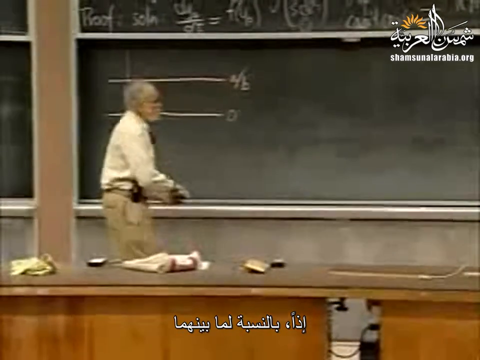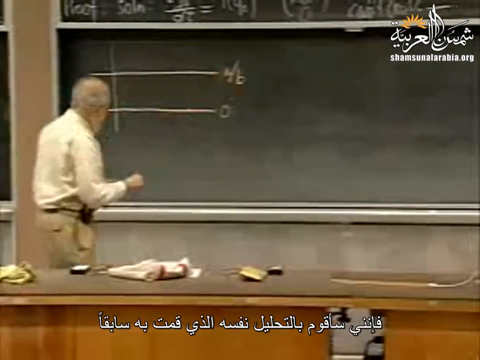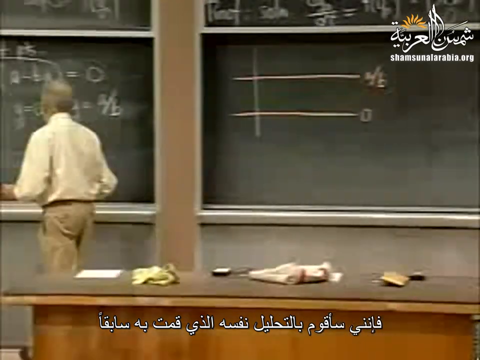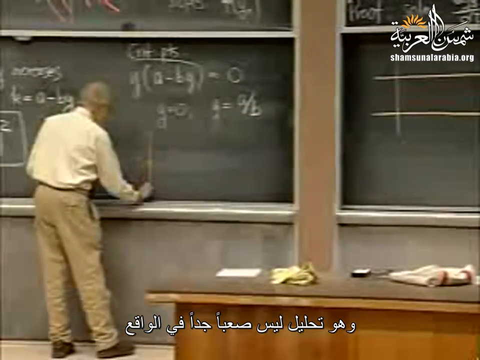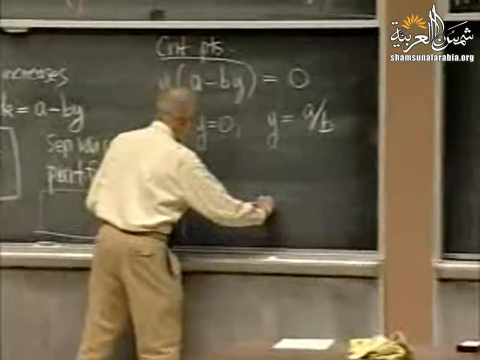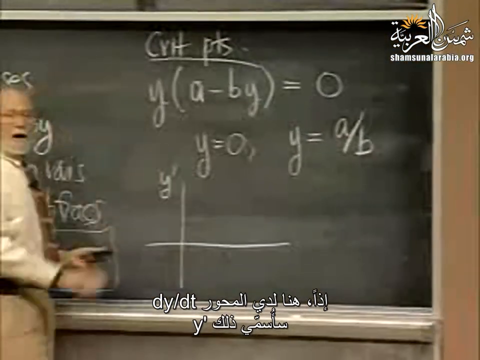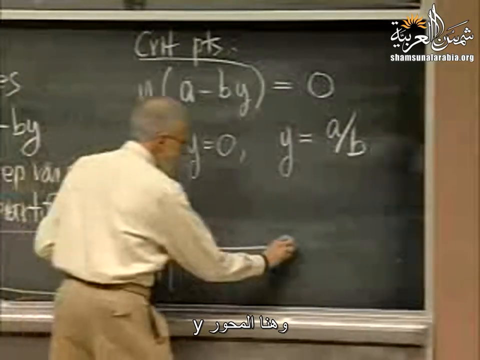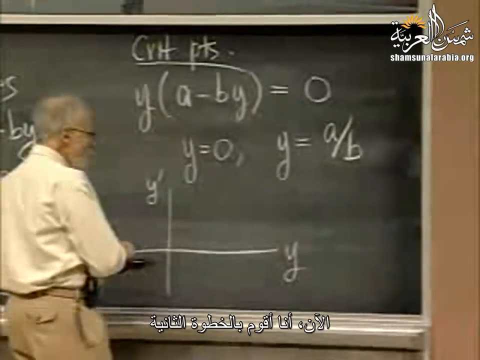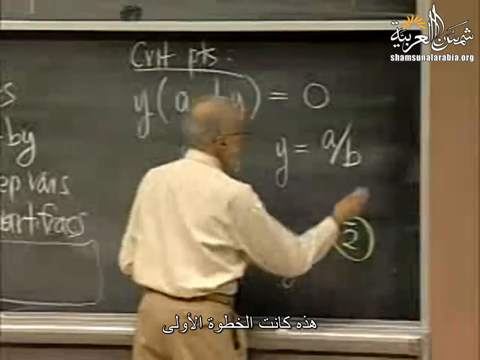So for the in-between, I'm going to make that same analysis that I made before, and it's really not very hard. Look, here is my dy dt axis. I'll call that y prime. And here's the y-axis. So I'm now doing step 2. This was step 1.